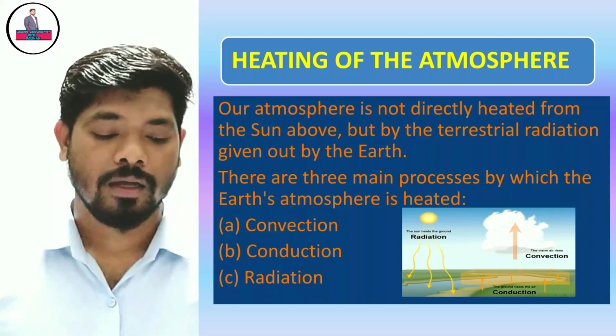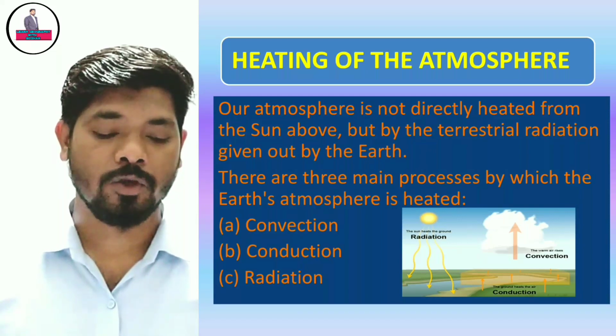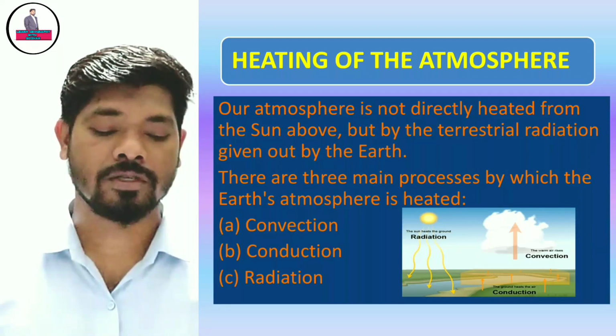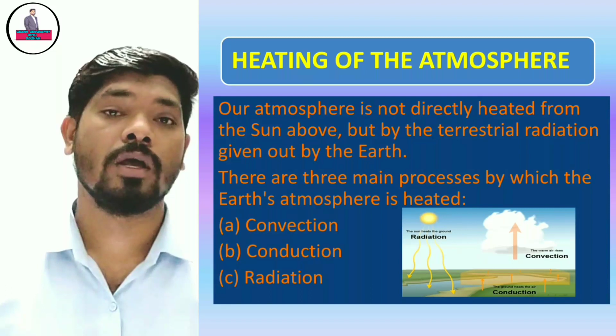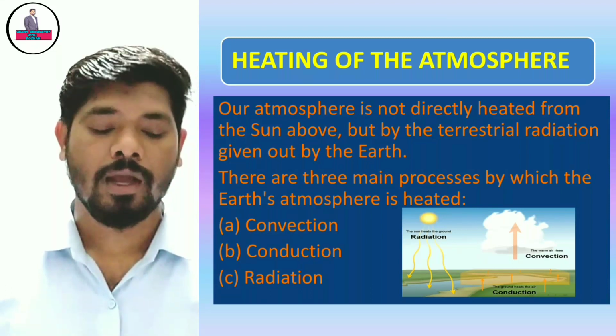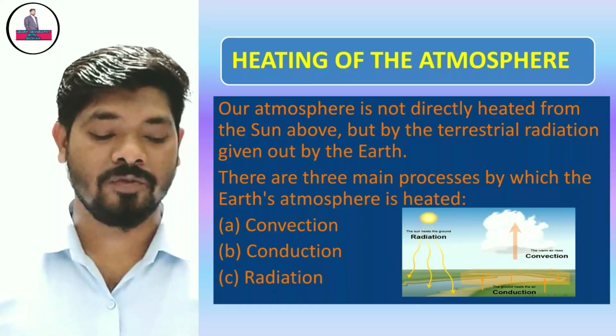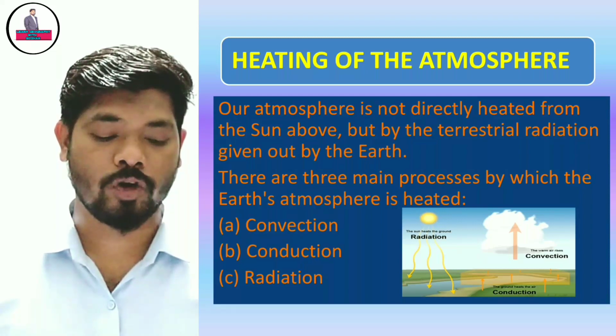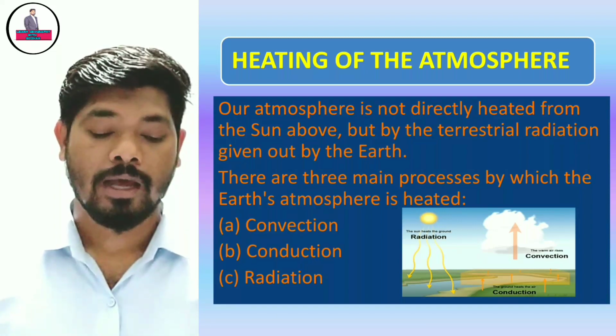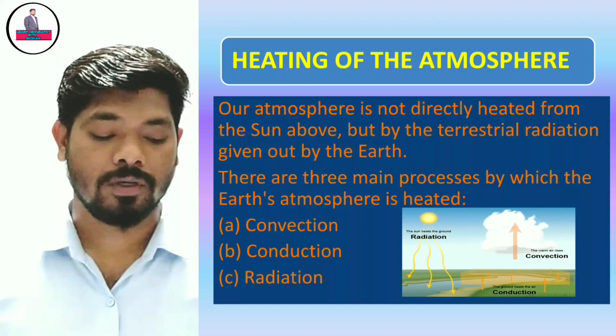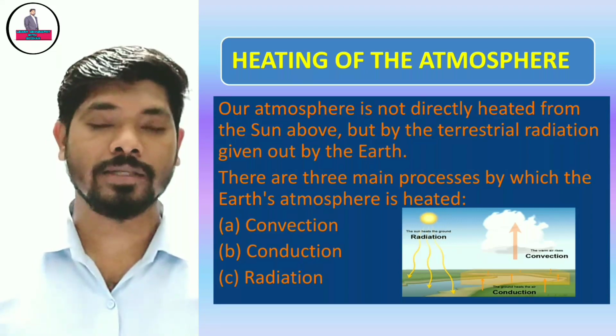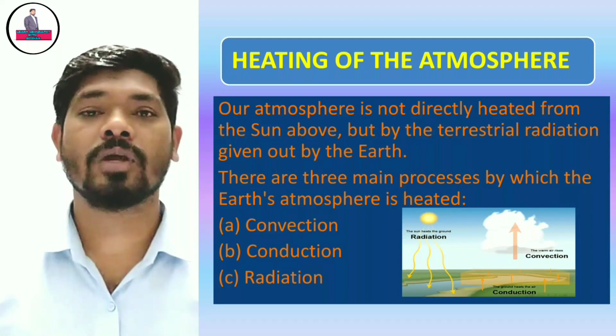During the day, the earth gets heated up due to incoming solar rays, which is called insolation, or it is called solar radiation. At night, this heat is reflected back into space from Earth's surface. This phenomena of reflection of daytime heat into space is called terrestrial radiation.